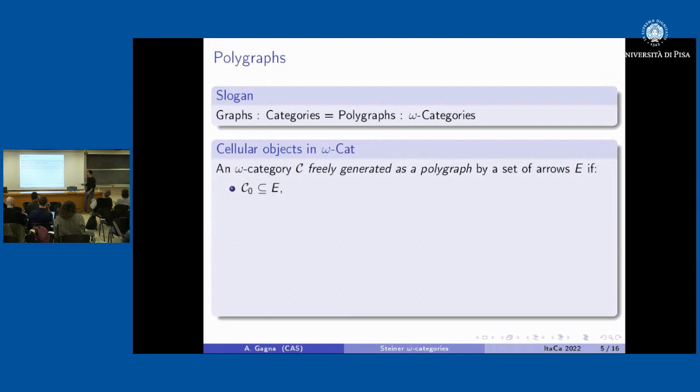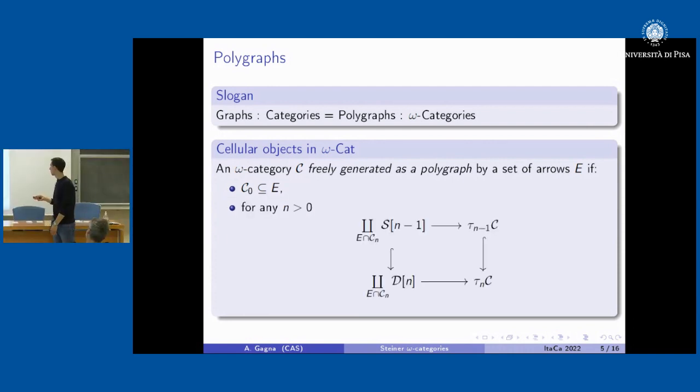The objects are a subset of this. And then essentially at each level, you have to generate C freely by the elements of E of that dimension. And if you look at this, this is just how you generate a CW complex, right? You have a bunch of n cells. This is the n truncation of C, so you just forget about all the cells of higher dimension than n.